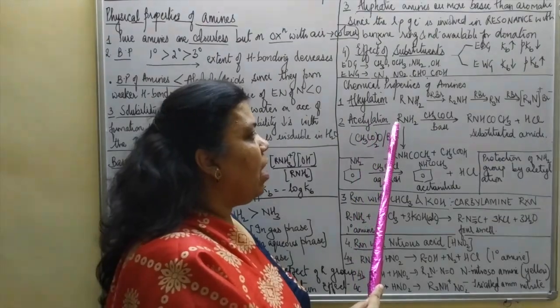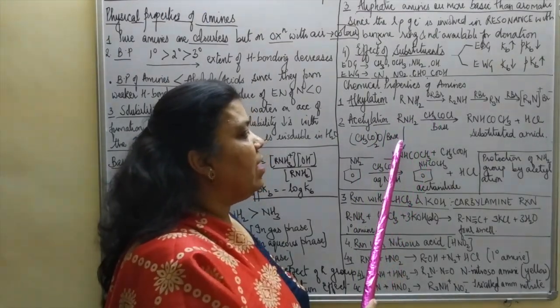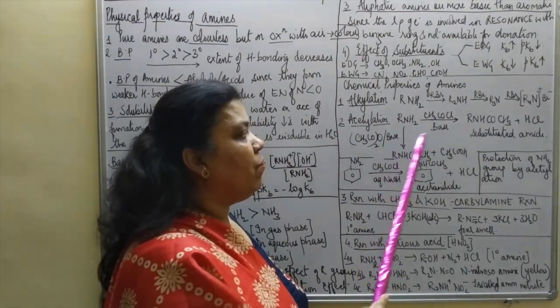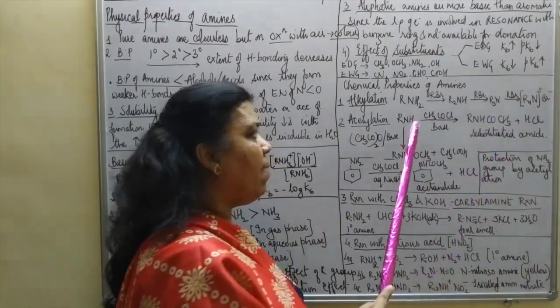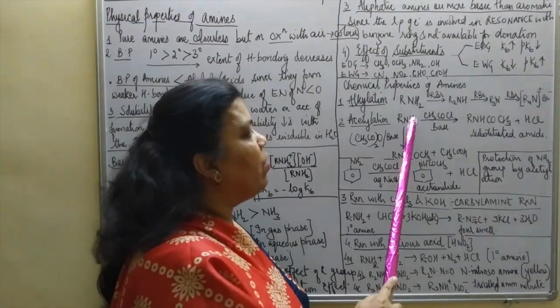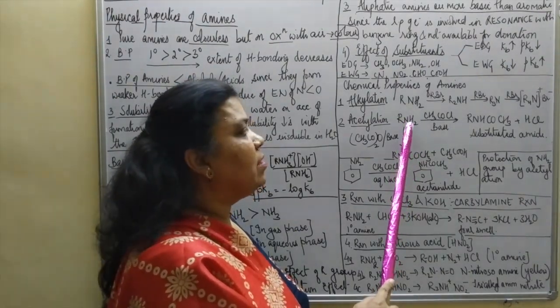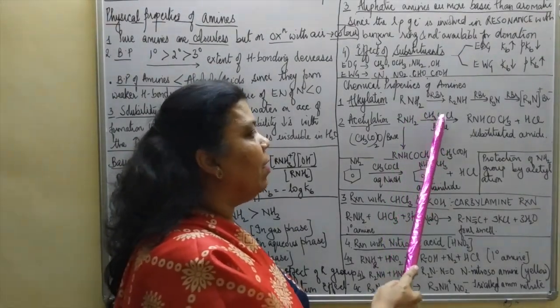So when you treat amines with any of the acetylating agent in presence of base, then it will form substituted amide. What happens is the active hydrogen of the amines gets replaced by the acetyl group.